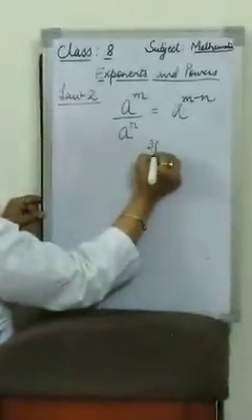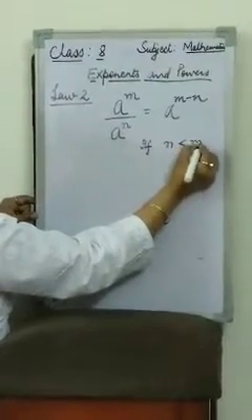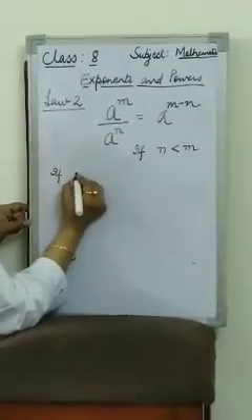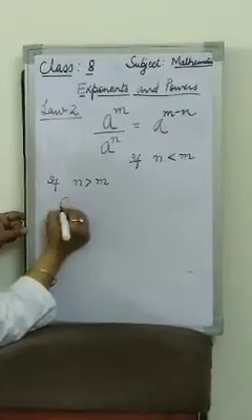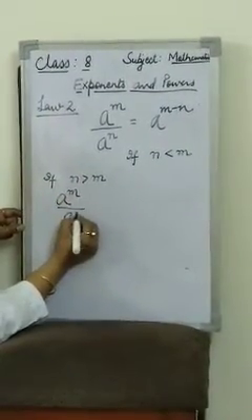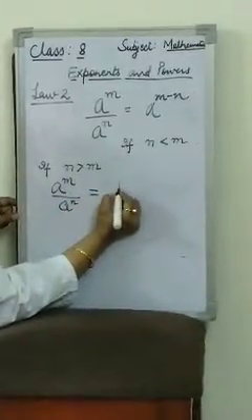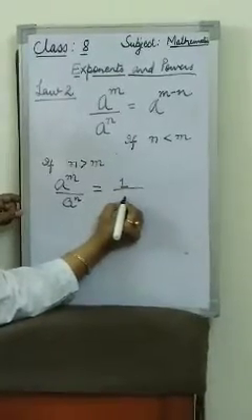If m is greater than n, that is, if the denominator's power is greater than the numerator's power, then how do we write? We shift or transpose the power of the numerator to the denominator, and in the numerator we write 1.